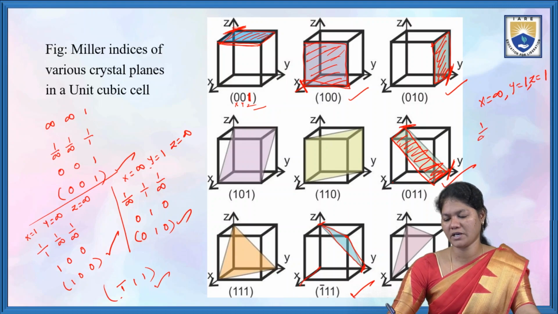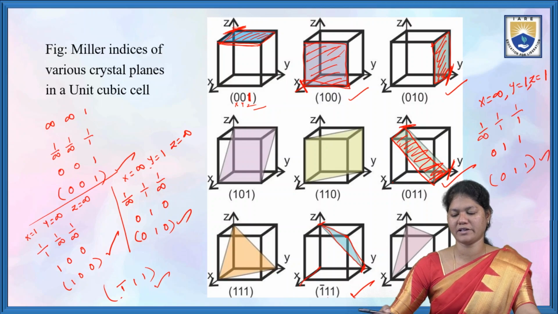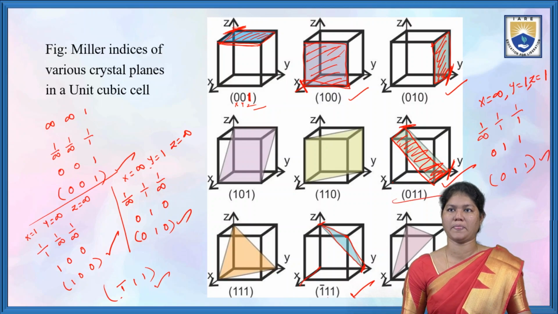So 1 by infinity, 1 by 1, 1 by 1, then 0 1 1. 0 1 1 is the Miller indices for this crystal plane.